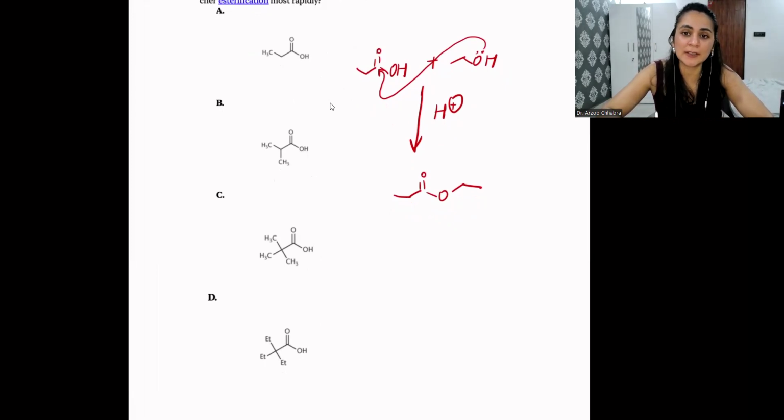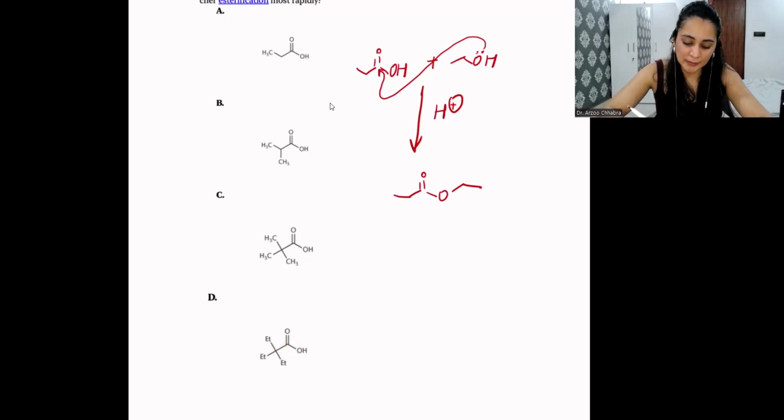But let's talk about electronics. Let's see how adding more carbons affects the electron deficiency of that carbon. It actually does not help, because these carbons are donating more electrons to the electron deficient carbon, and that will slow down the reaction because it's no longer that electron deficient.